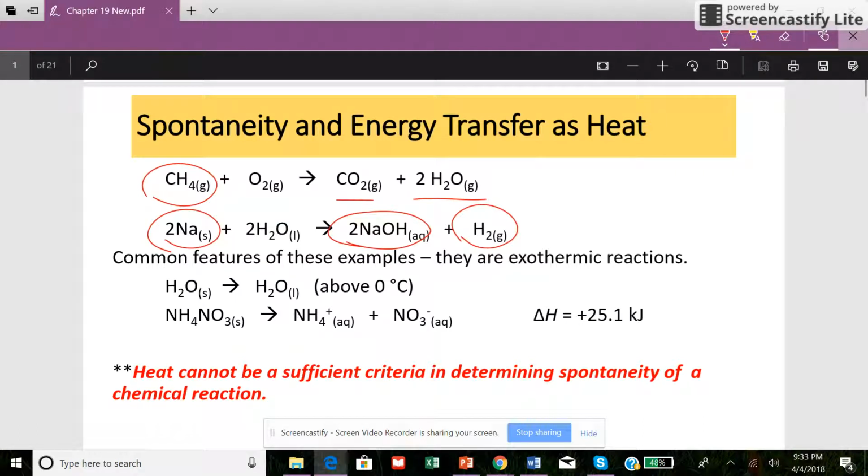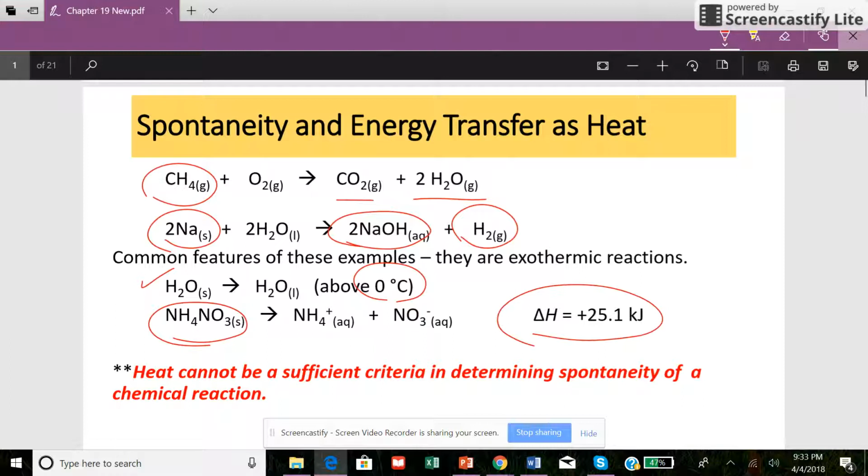But that is not true, because you know that you can actually melt ice at any temperature above 0 degrees Celsius. So that reaction is endothermic, but it is spontaneous, but only if the temperature is above 0 degrees Celsius. Another reaction is the dissolving of ammonium nitrate into water.